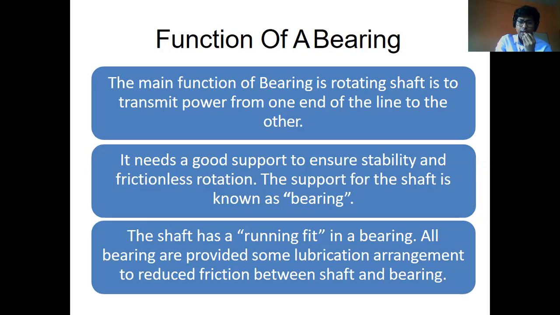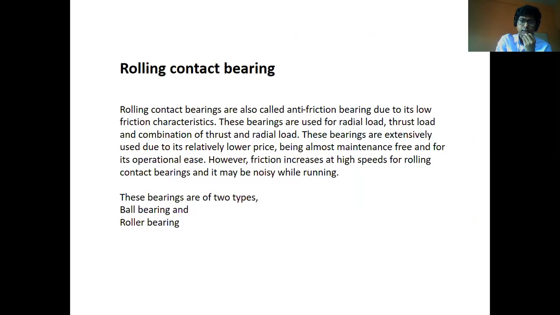The shaft has to be running fit in the bearing, so most bearings are provided with some lubricant arrangement, otherwise there would be chances of wear and tear on the shaft or other rotating parts.